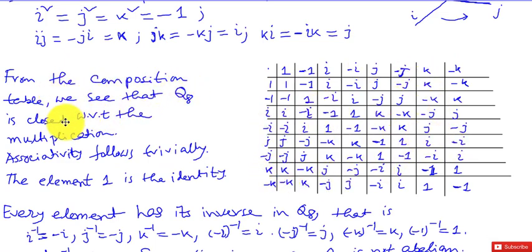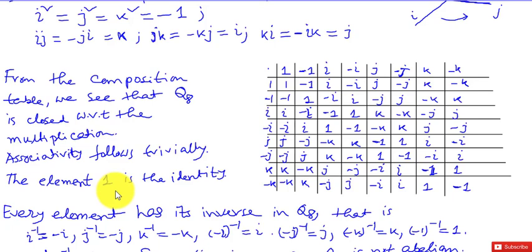From the composition table, we see that Q8 is closed with respect to the multiplication. Associativity also holds.